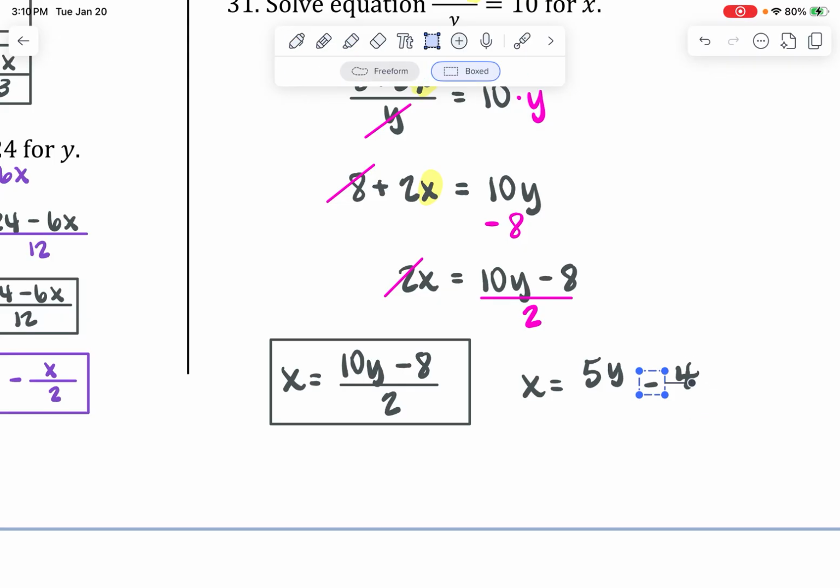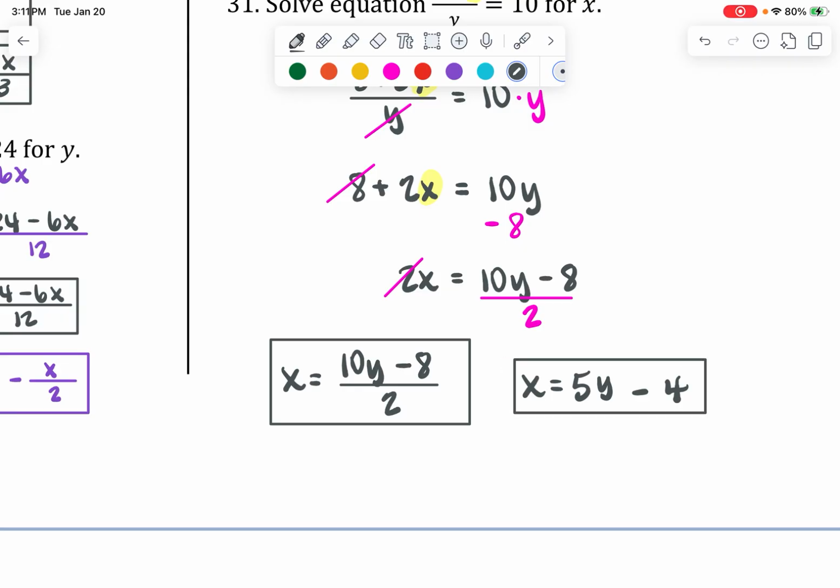Let me clean that spacing up. That looks really weird. There we go. Make him bigger. Move him up. There we go. All right. So 5y minus 4 would be a more cleaned up version of this guy right here.